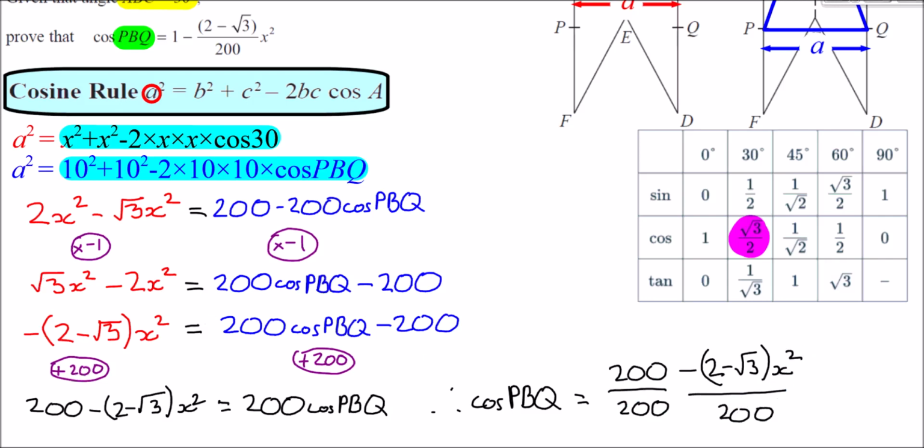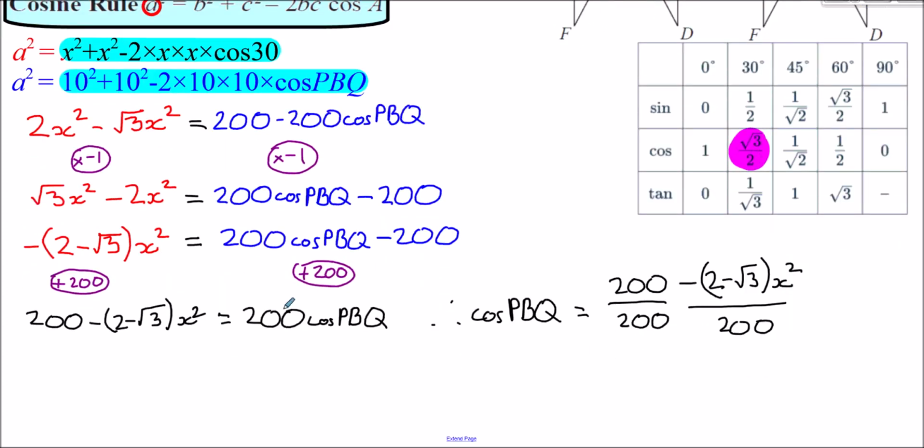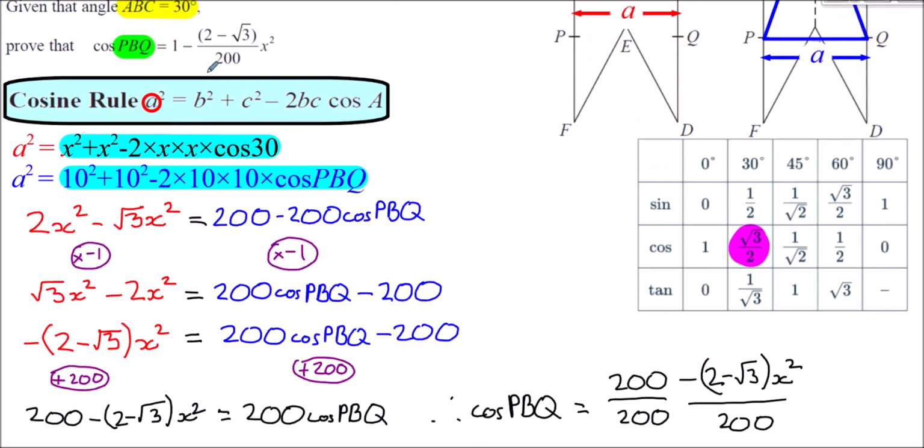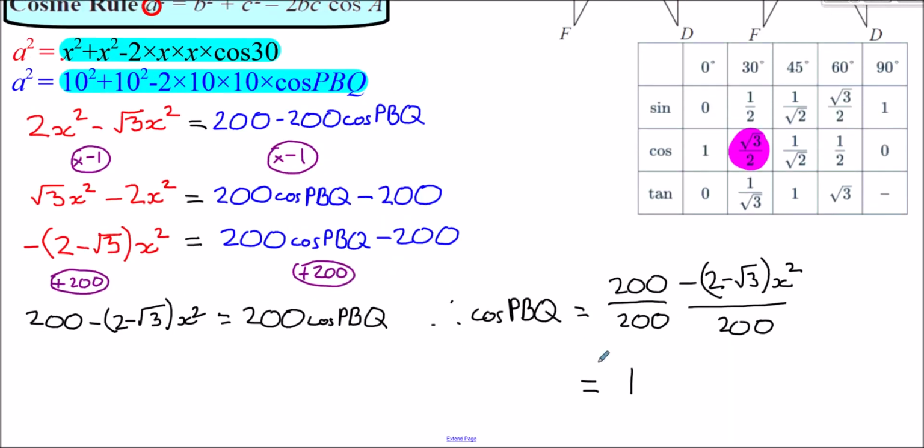And if I do it that way, it will look exactly like it needs to, okay? Because 200 divided by 200 gives us 1. And then I can leave this as it looks, because that's how it needs to look there anyway. So minus 2 minus root 3 all over 200 x squared. And we've proven what needed to be proven. So that's the final question on the paper, therefore the paper is completed.